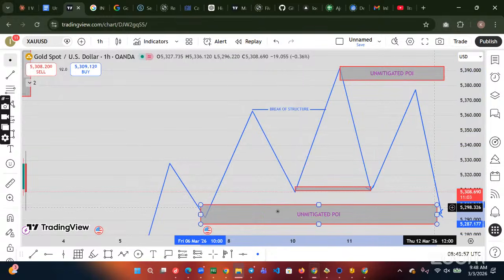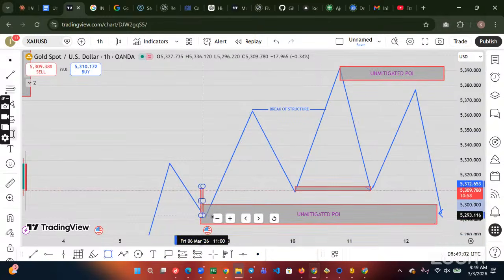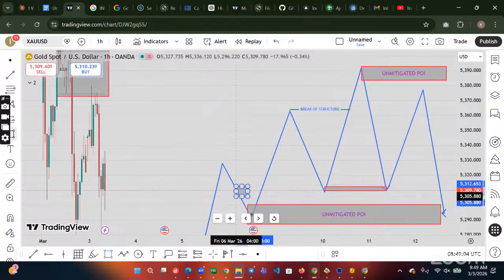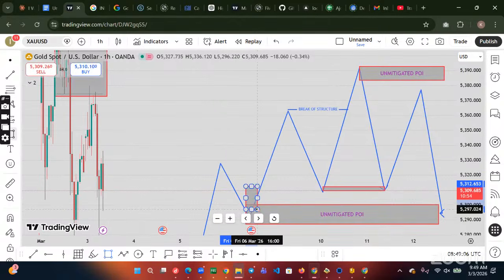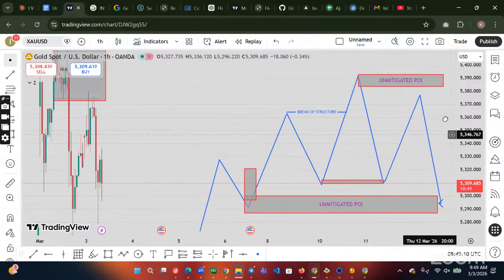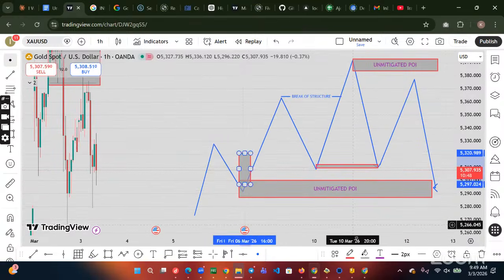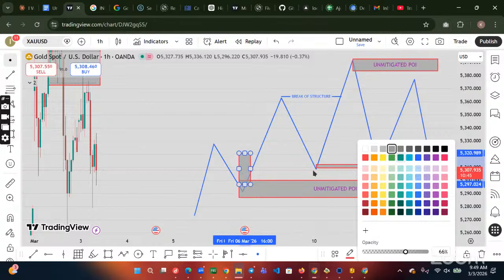So this is your POI. Let's assume our engulfing candle is here, right? This is our engulfing candle. Let's say our bullish engulfing.